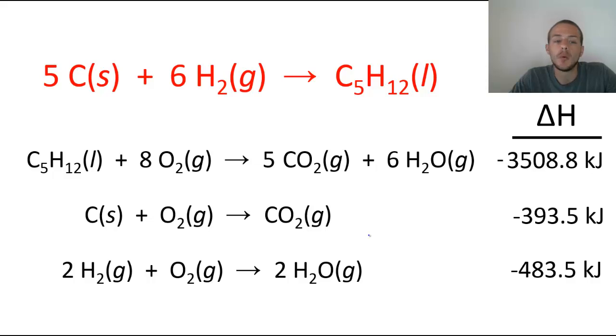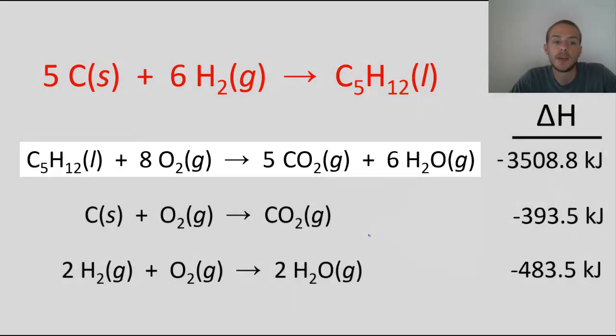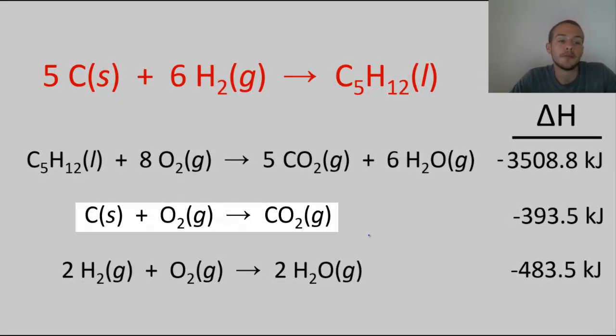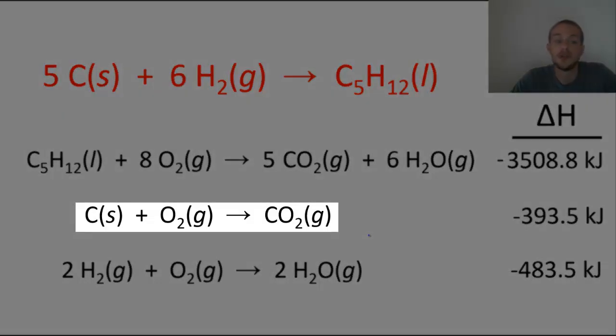And we don't know it, but we do have the delta H values for these 3 chemical equations that are in black. So that top equation, that's the combustion of pentane. So we have pentane and oxygen reacting to make CO2 and water. And then in the middle, we have the formation of CO2 from carbon and oxygen gas.